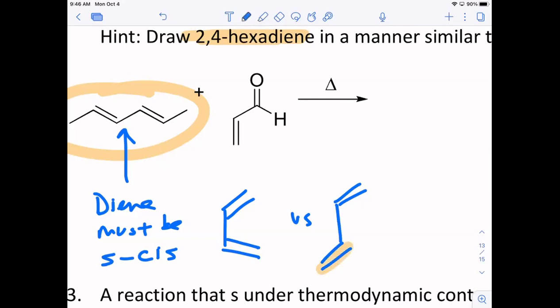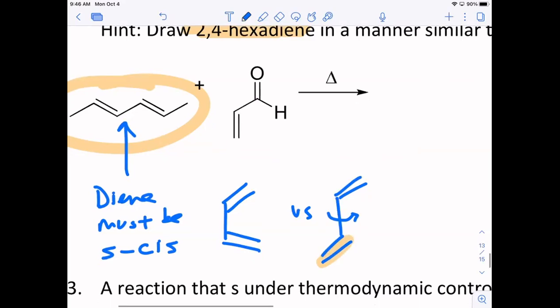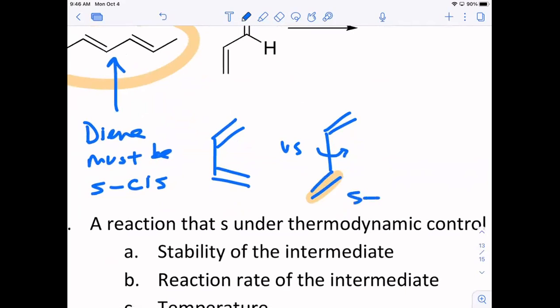So there's some rotation around this bond that has to happen. That's why you have to run this reaction at high temperatures, because you need the energy available for the reaction to take place, but you also need some energy available to convert the diene from what we call S-trans, which is this, to S-cis. So in order for that diene to react, it's got to be S-cis.